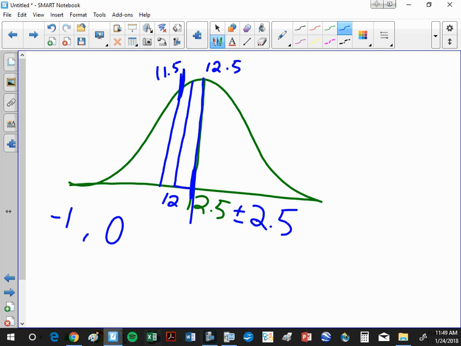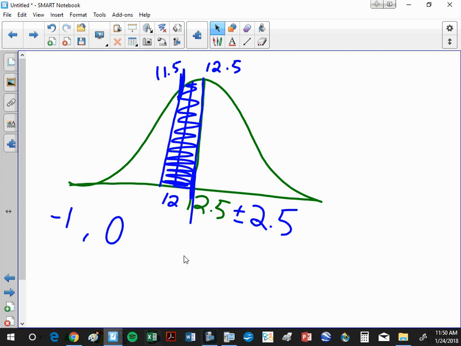So we want this area here, right? Well, to find a z-score, we have to compare it to the EV. The left side is one head away from the EV. But the right edge is the EV.